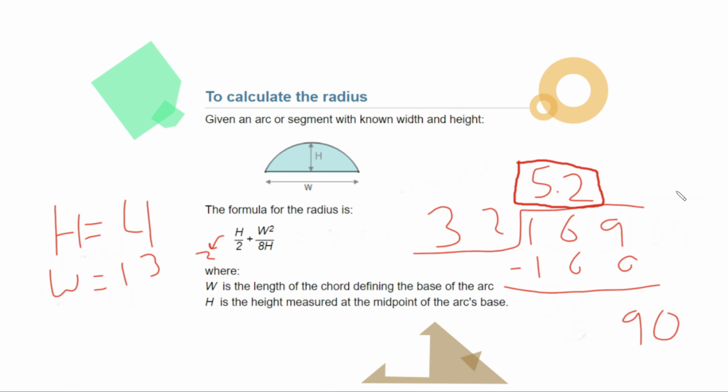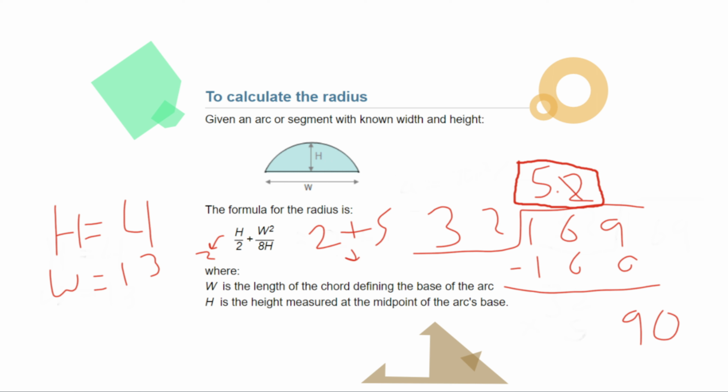I think we'll just X out this 0.2 for now, just to keep everything neat and organized. And then we can just add 2 and 5. This equals 7. So now we figured out our radius.